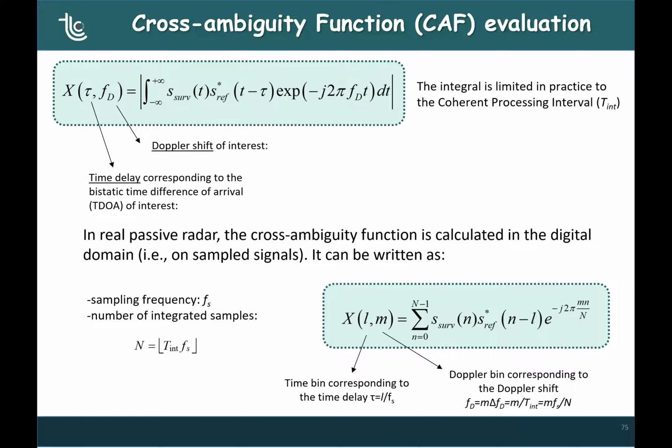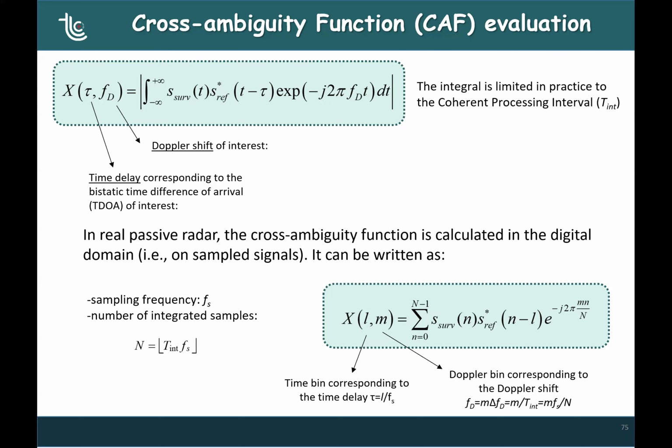Keep in mind that we work with the complex envelope, so we work with the I and Q low pass components of the signal. And then the integral actually is replaced by a sum, and the sum is over all the N samples of the surveillance signal and the reference signal.